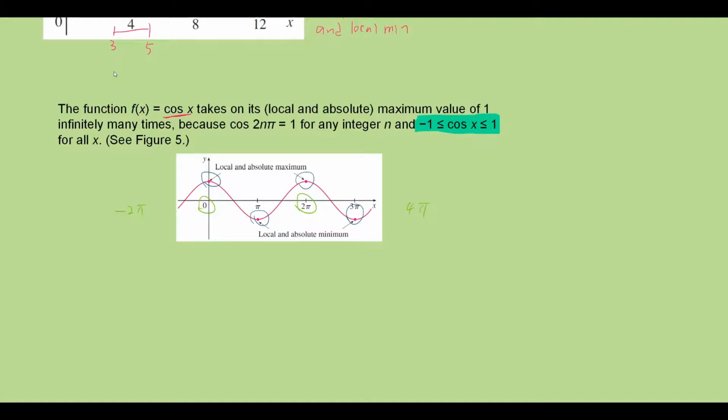So we can see that for the local and absolute maximum, it happens at x equal to 2n pi, where n is any integer.